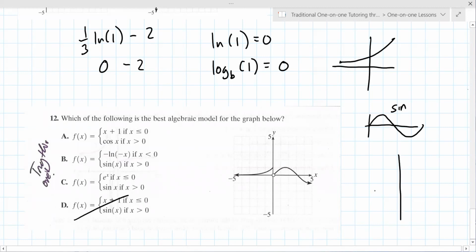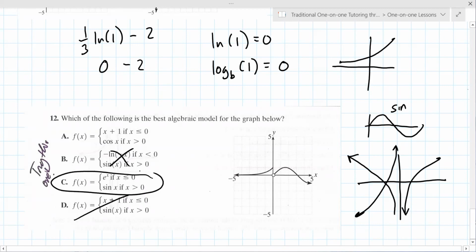Natural log looks like this. So the negative x inside flips it like that, and then the negative out front flips it again like that. So it's not that one, but it's close. It wouldn't be that hard to figure out. So that's the right one.